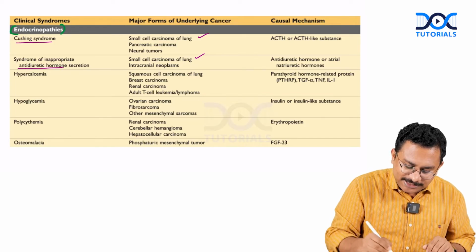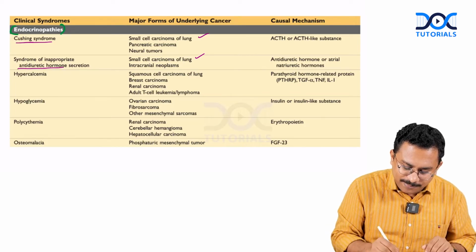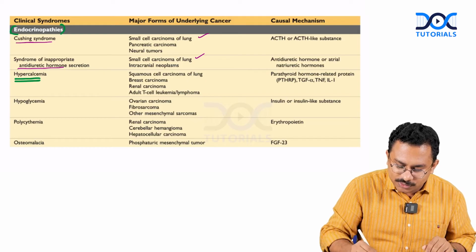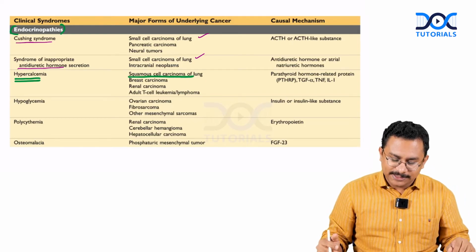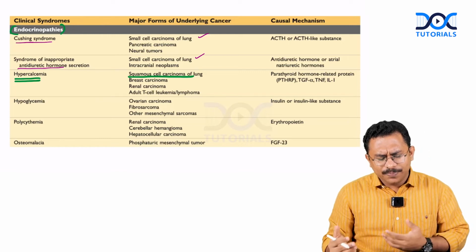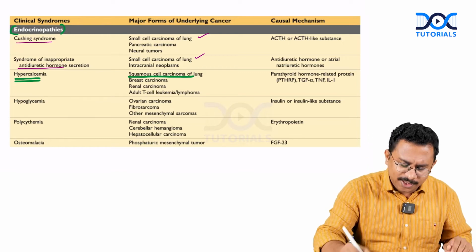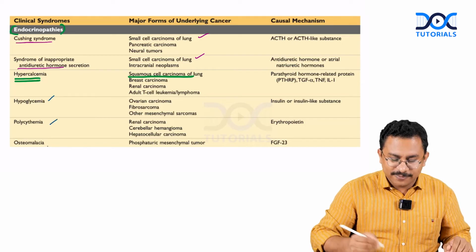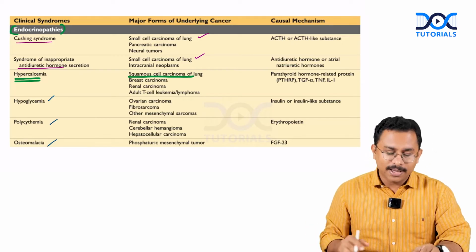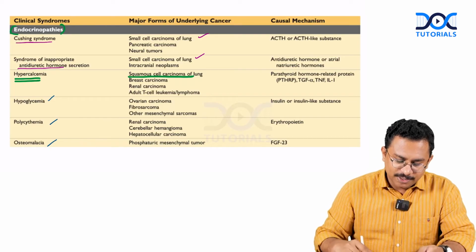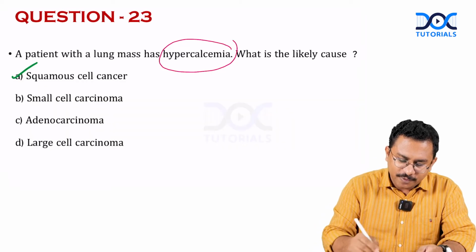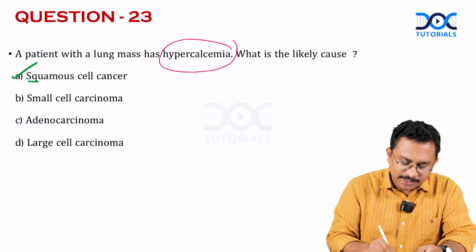But coming to our question on hypercalcemia, which is most commonly associated with squamous cell variant of lung cancer. Okay, I think it's also useful to go through the other paraneoplastic manifestations as well and the associated malignancies, because there might be a future question from that. Okay, for this question, it's straightforward. It is a squamous cell carcinoma.